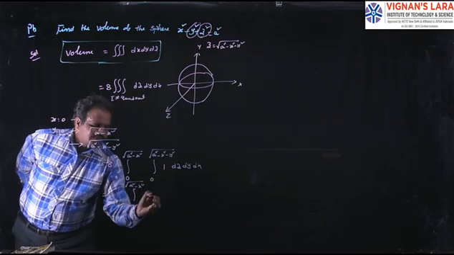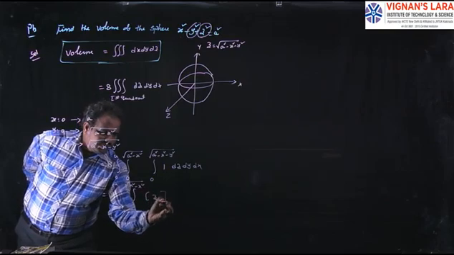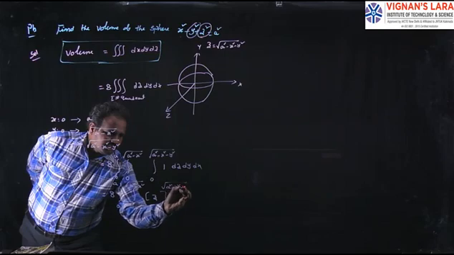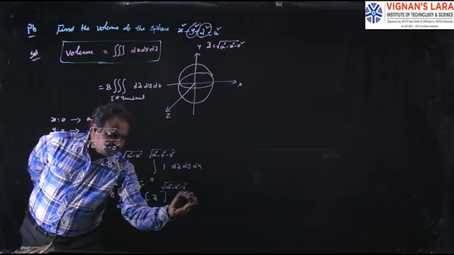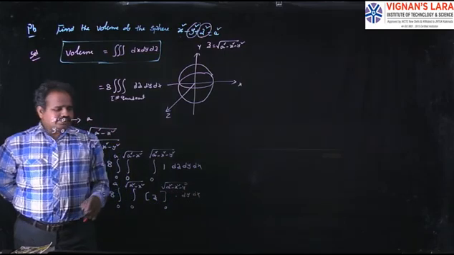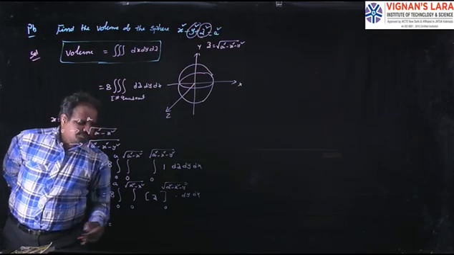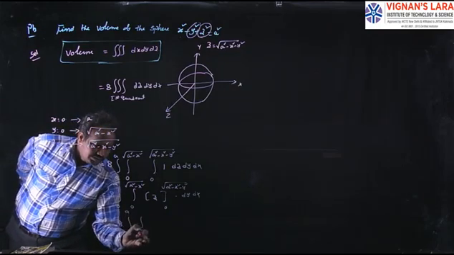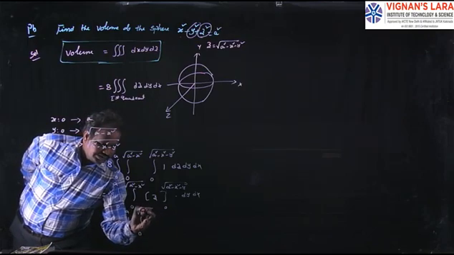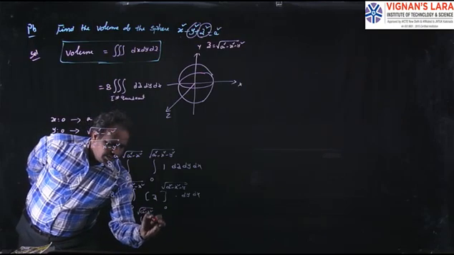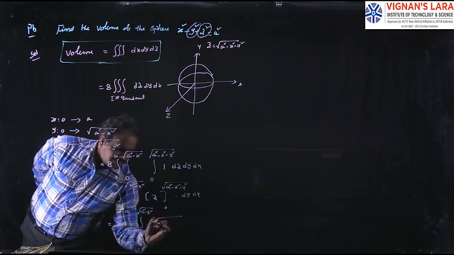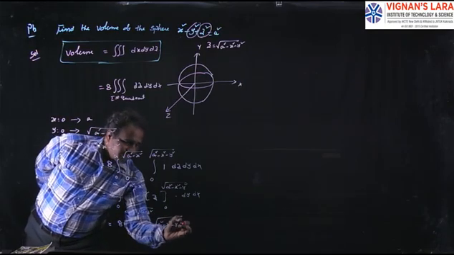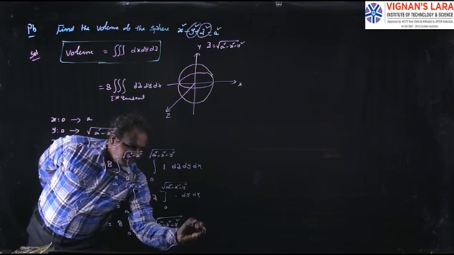Integration of 1 with respect to z is z. Lower limit and upper limit give under root of a square minus x square minus y square into dy dx, which is equal to 8 into 0 to a, 0 to under root of a square minus x square, upper limit under root of a square minus x square minus y square into dy dx.